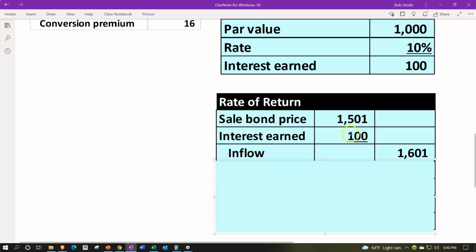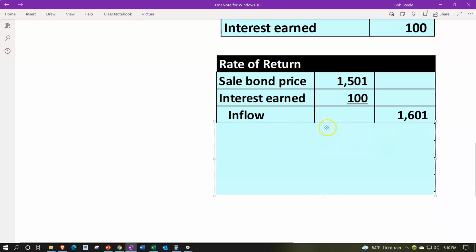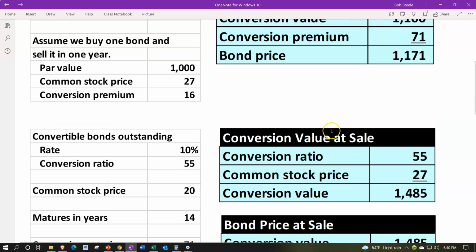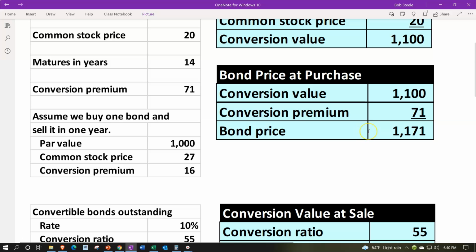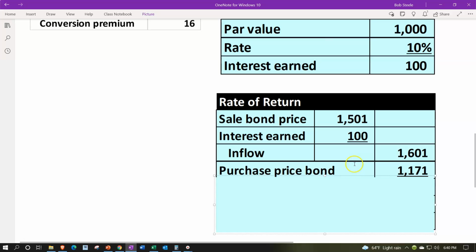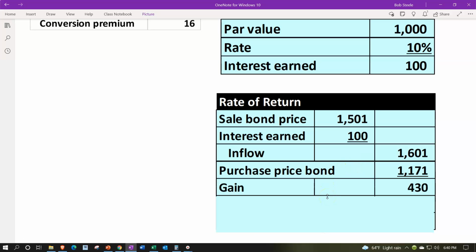That would mean that we got an inflow from the sale and the interest of $1,601. The purchase price we calculated up top, you will recall, was $1,171. So 1,601 minus 1,171 gives us a gain of 430. That's the dollar gain that we would have.